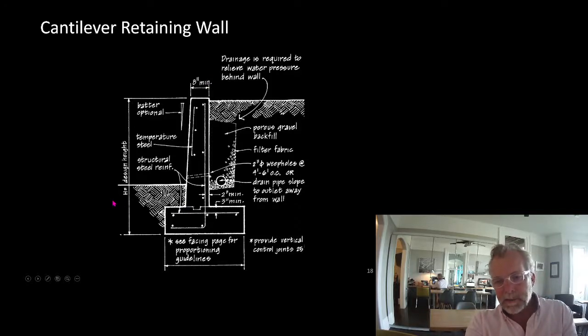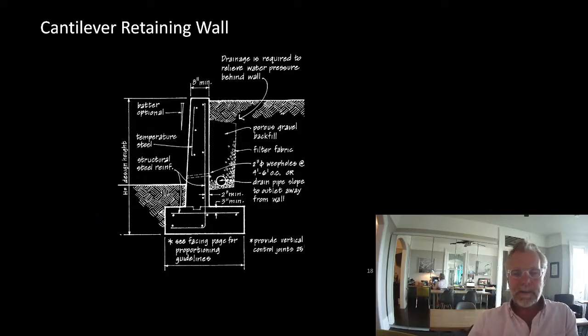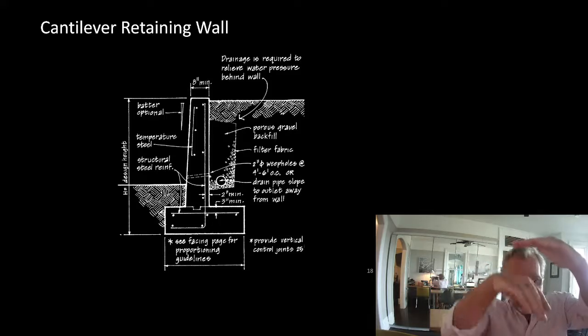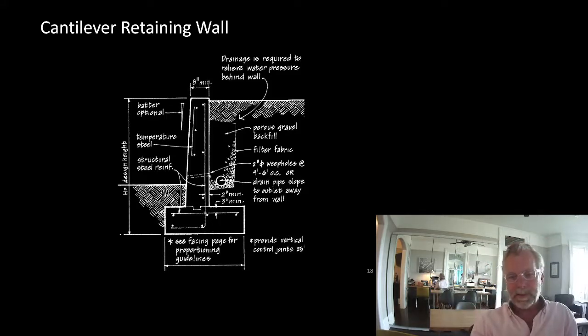If the footing is on the low side, so I should back up here. If we are in a fill situation, it's no problem putting the footing under the high side. We can put it on either side. If we are in a cut situation, so the grade is high and we're trying to cut a ramp down into it, putting the footing on the high side means we have to make our excavation much bigger.